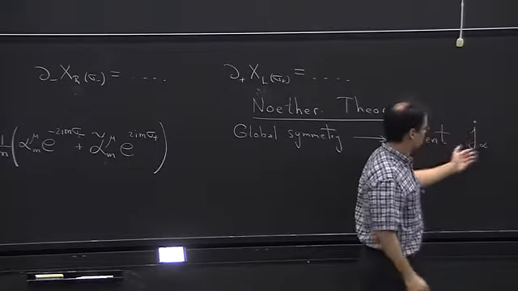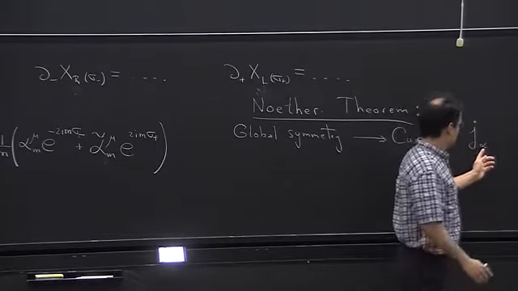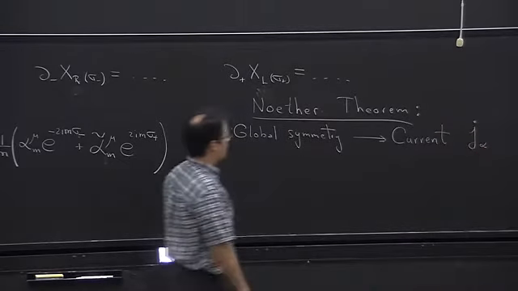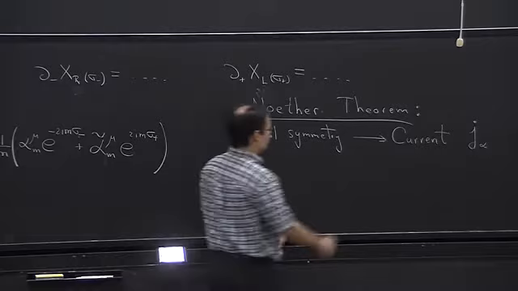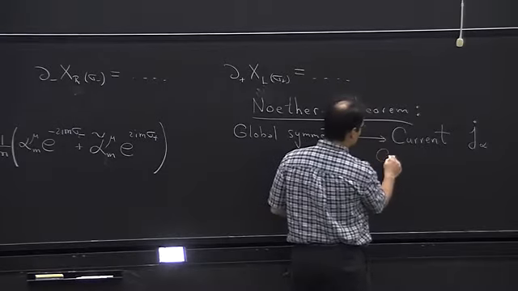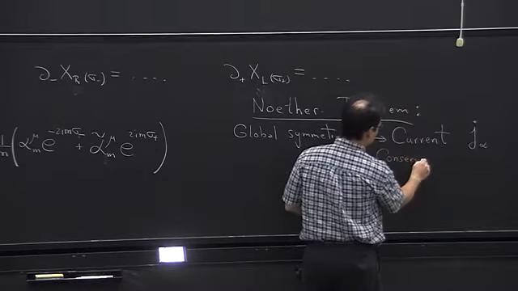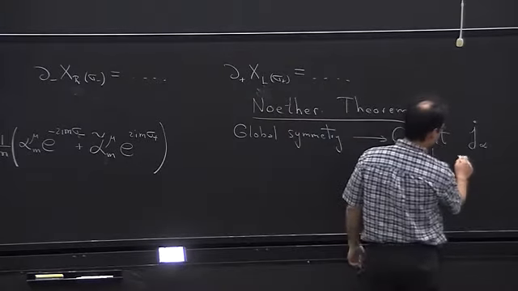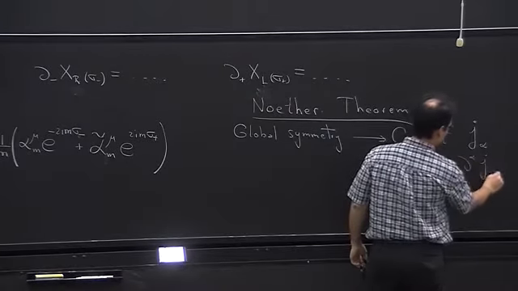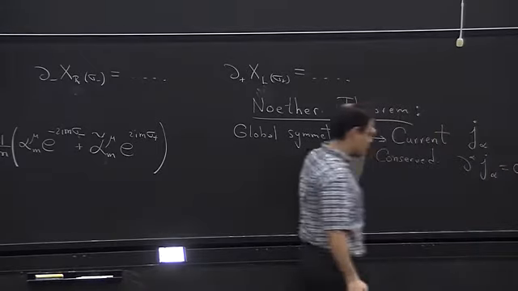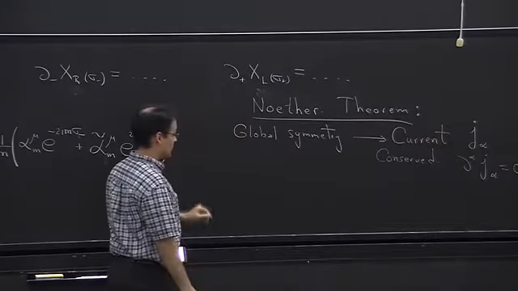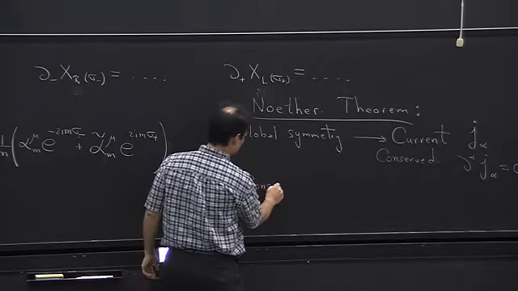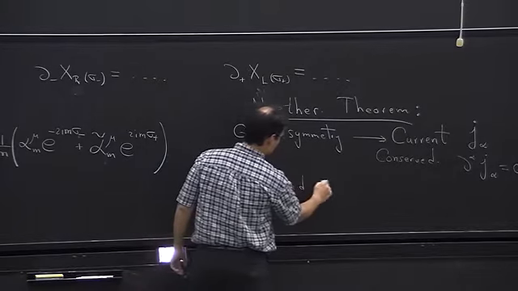So this is a vector on the world sheet, and this is the index that we're using there. Now, once you have a current, this is not any current. This is a conserved current. What does it mean that it's conserved? Well, it means that this is satisfied. Once you have a conserved current, you can produce a conserved charge.